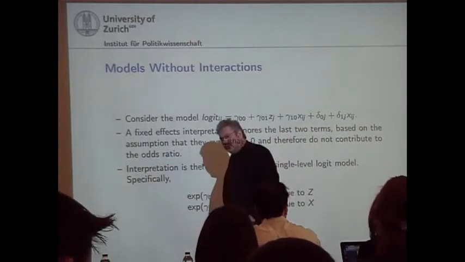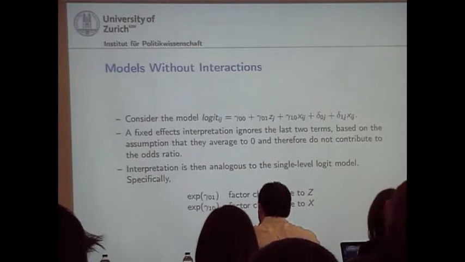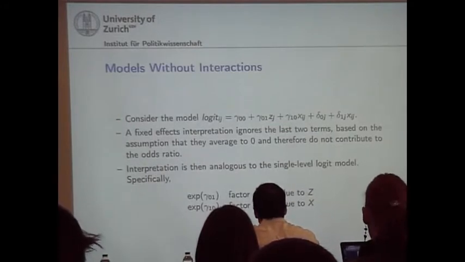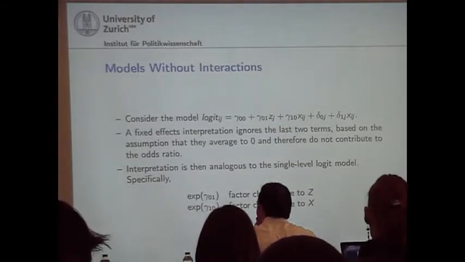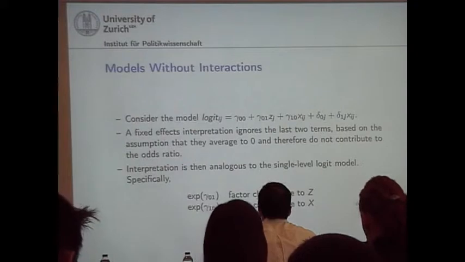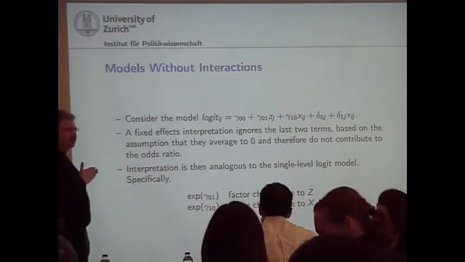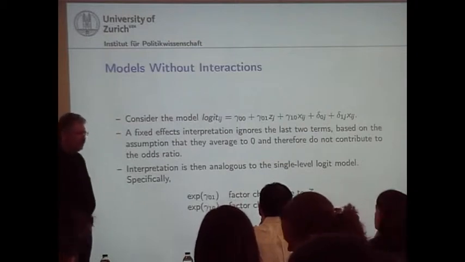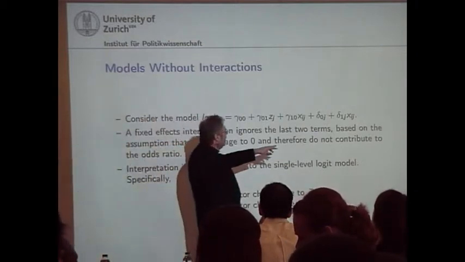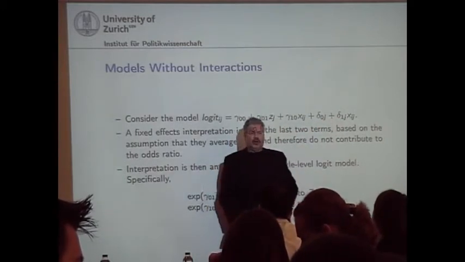And what we do in a fixed effects interpretation is basically always the following. We average over the level 1 and the level 2 units. And by averaging over the level 1 and the level 2 units, we actually get rid of all of the random components in this equation because in expectation, delta 0j is 0 and delta 1j is 0.